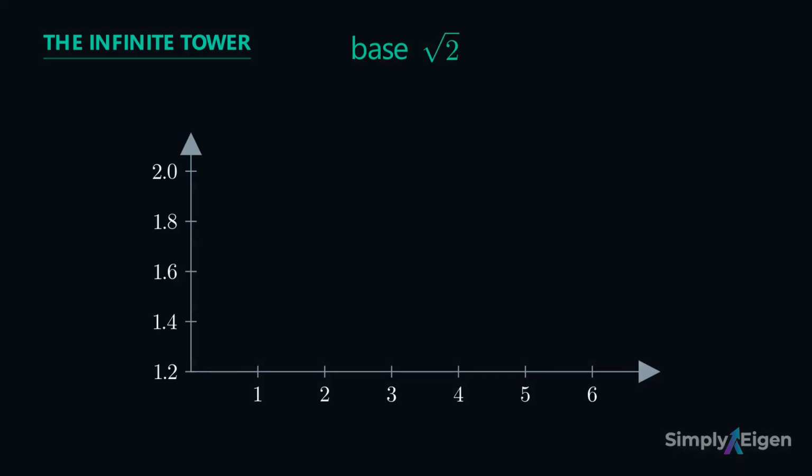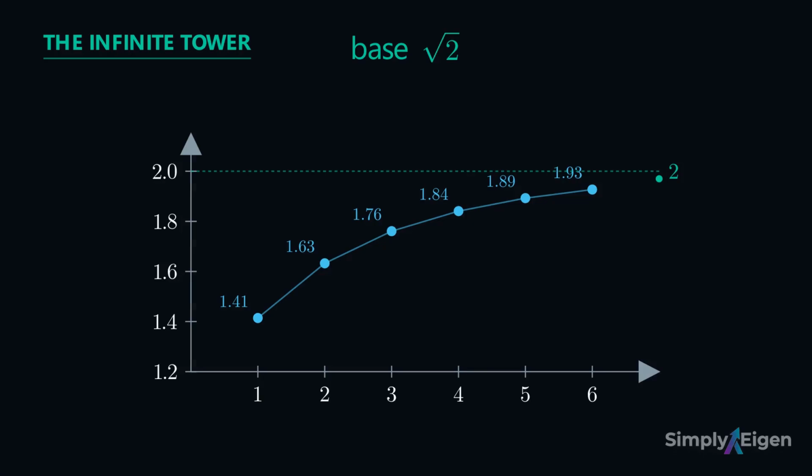Try the square root of 2, about 1.414. 1 story gives 1.41, 2 stories 1.63, 3 stories 1.76, then 1.84, 1.89, 1.93. It is still climbing, but it is slowing down, and it converges exactly on 2. An infinitely tall tower of square roots of 2 equals 2.